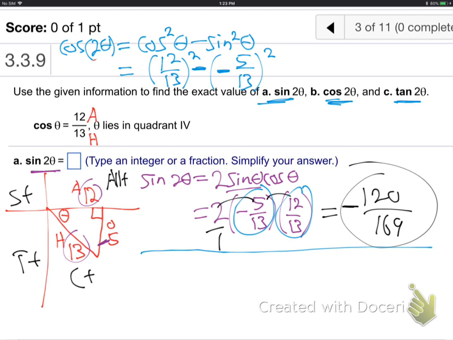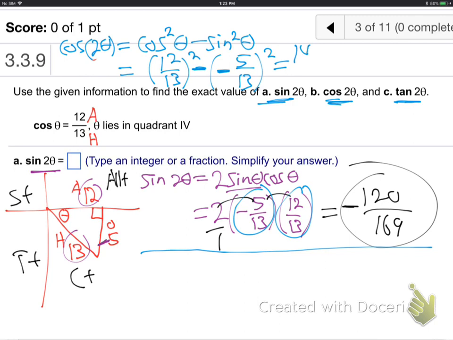Am I going too fast? Questions so far? Everybody making sense of what I'm doing? This good? So you just make the triangle once, and then you've got everything you need to answer all the questions. Then you just write down the various formulas. So let's finish this up.